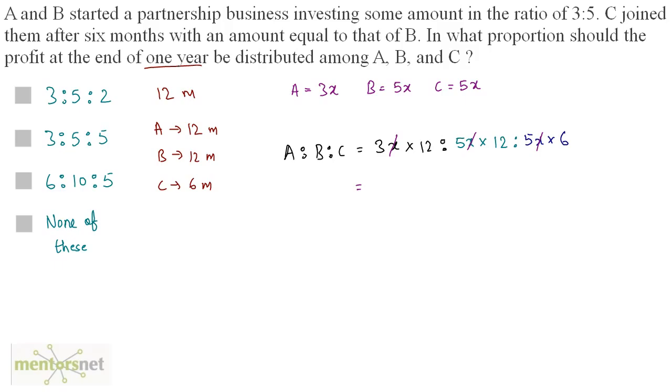Now dividing the complete ratio by 6, the 6 gets cancelled out. This is 6 to the 12 and 6 to the 12. So what remains is 3 times 2 is 6, is to 5 times 2 is 10, is to this 5. So the ratio of the profits of A, B and C at the end of this 1 year will be option C, 6 is to 10 is to 5.